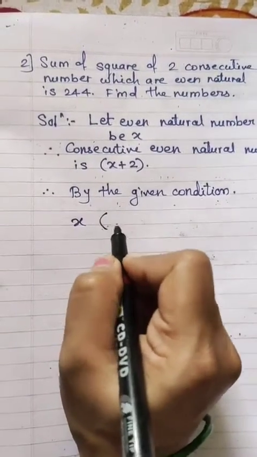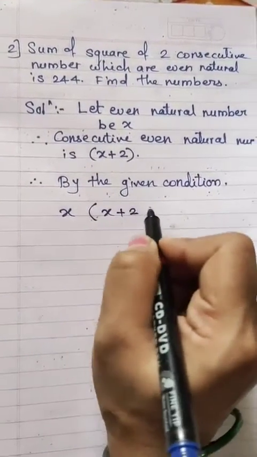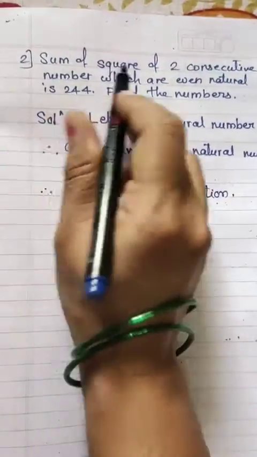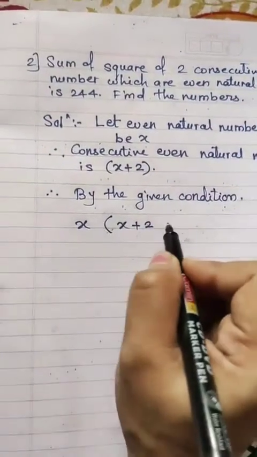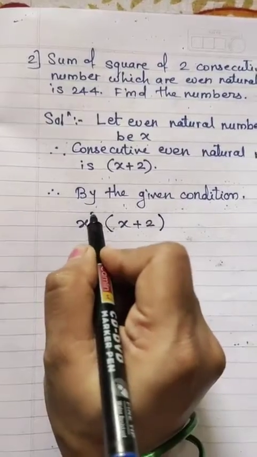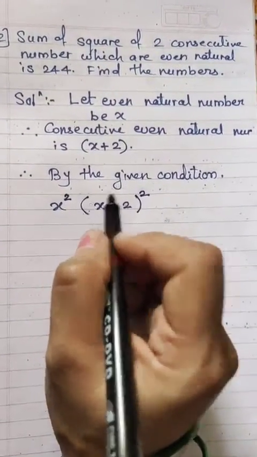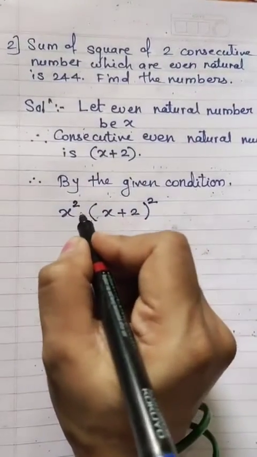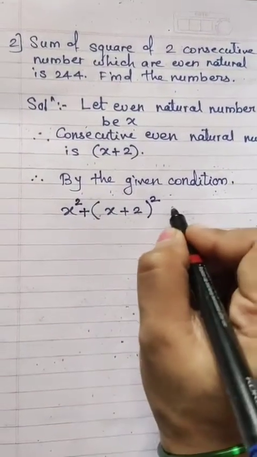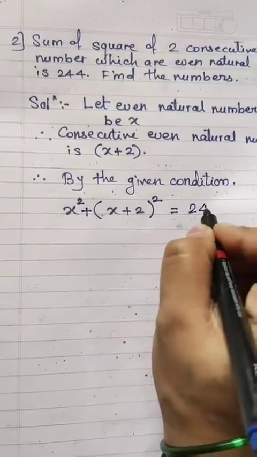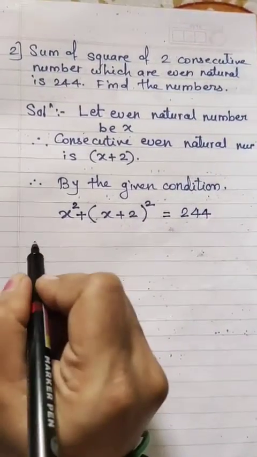x square plus x plus 2 whole square, because the sum of squares is given, so we have to take the square of these two terms and we have to add them, because sum is given, that is plus sign, is equal to 244. So how will I expand it?